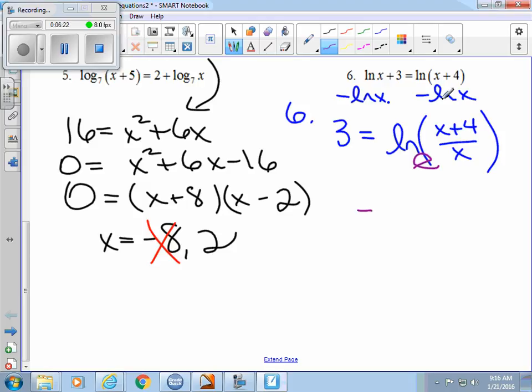Subtraction. How do you do subtraction? Does that make sense? The property. So I get e cubed equals x plus 4 over x. Everyone agree with that? However you choose to get there, that's what you get.